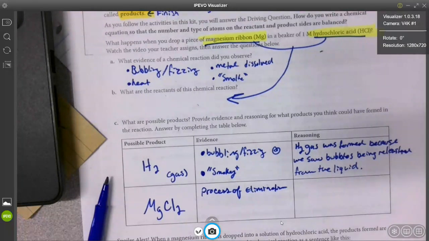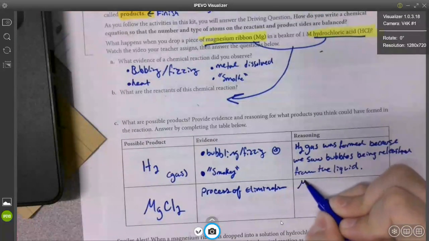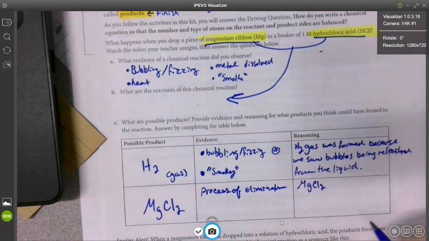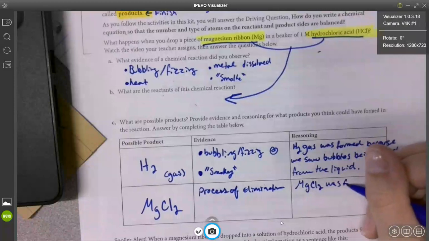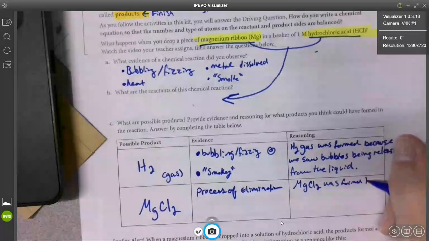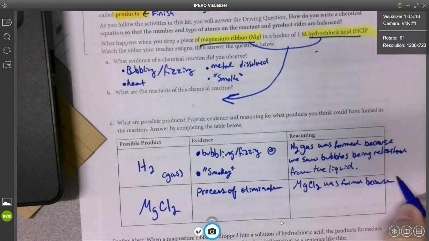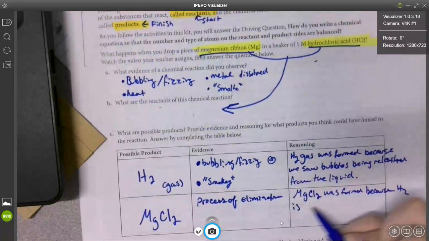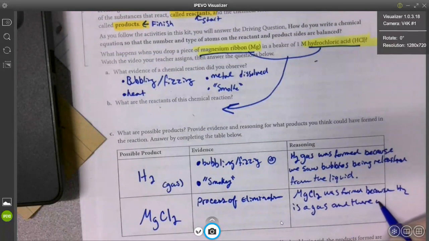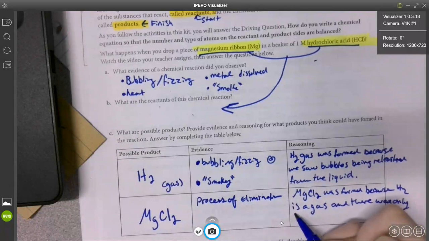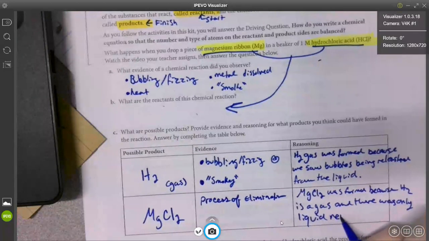So if you were to write out a reasoning, you would actually have to give me a sentence. And we would say something along the lines that magnesium chloride was formed because hydrogen is a gas and there was only liquid remaining.